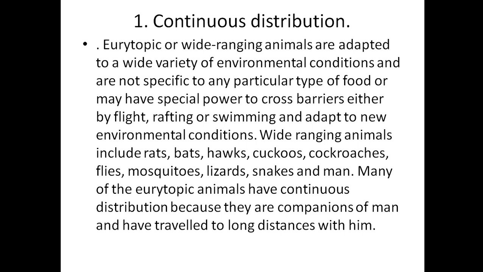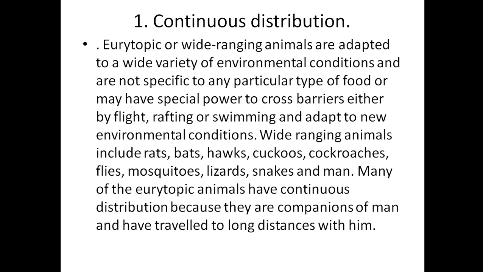First, we will try to understand this distribution pattern. The animals which are adapted to a wide variety of environmental conditions, and if those animals are not very specific to a particular type of food, and if they have a mechanism to cross the barrier, barrier may be anything, sea, oceans, or mountains, or different climatic conditions.